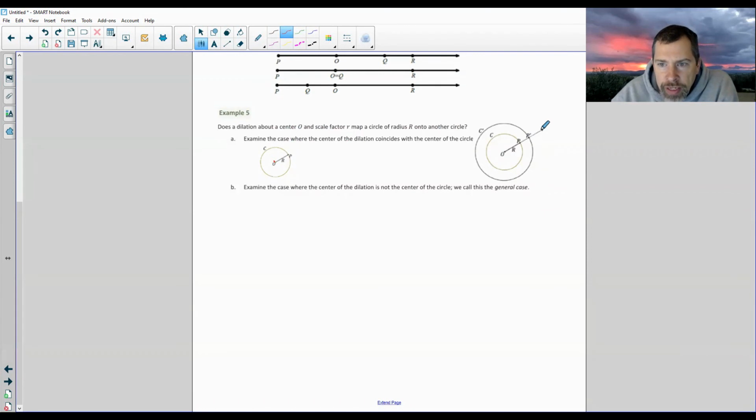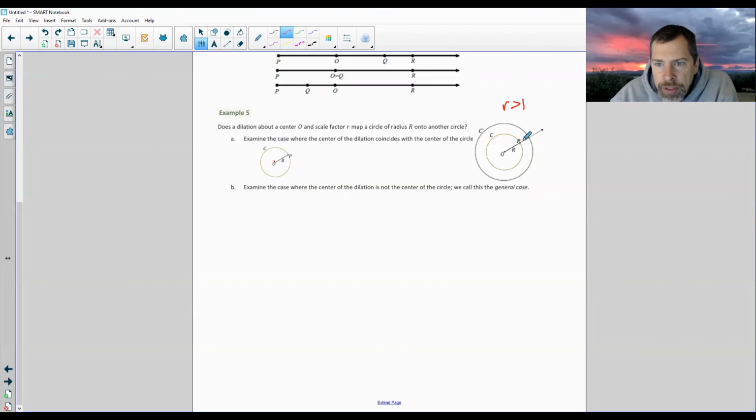Now, if I extend that ray out, OP, a certain distance, and I scale the circle out where r is greater than 1, since the circle is larger, C prime is out here. Our pre-image is the inside circle, and our outside circle is our image.